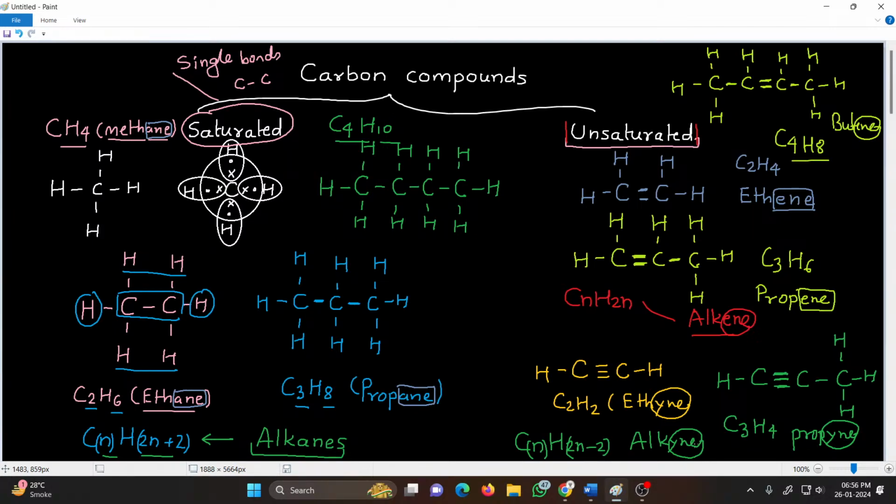The carbon compounds with a double bond are known as alkenes, and with a triple bond, they are known as alkynes. We have seen their general formulae. For alkanes, saturated hydrocarbons, CnH2n plus 2, alkene CnH2n, and for alkyne it is CnH2n minus 2.